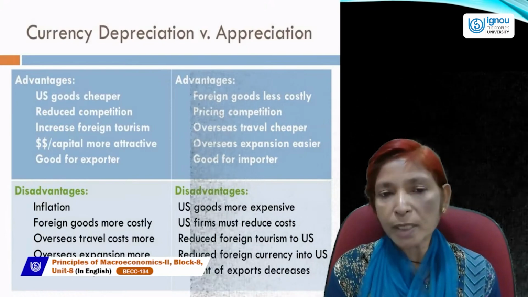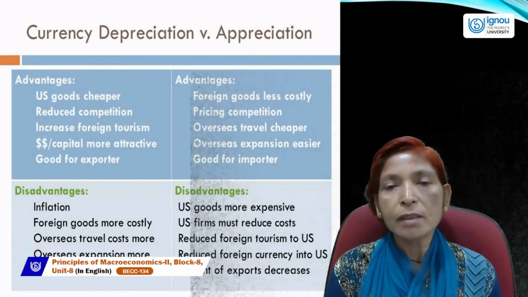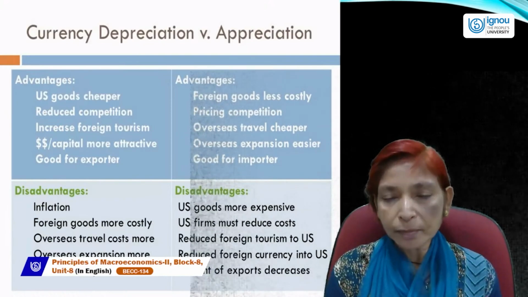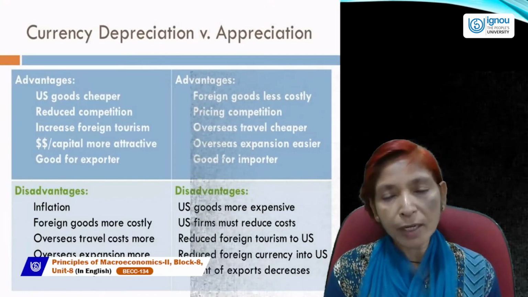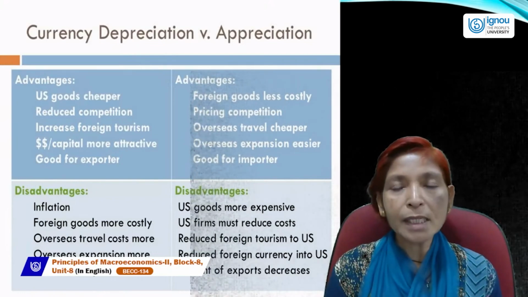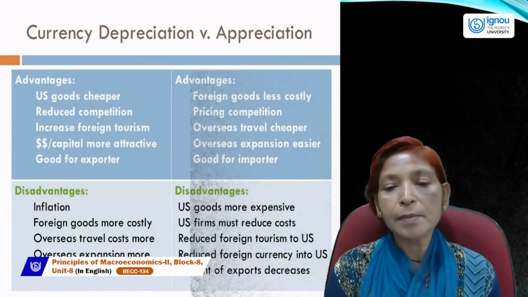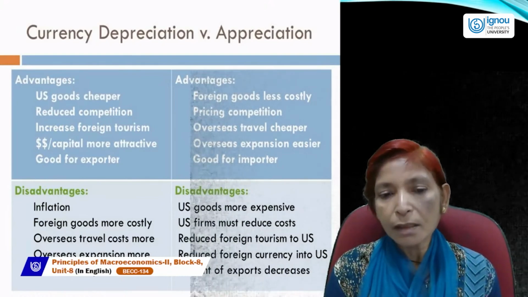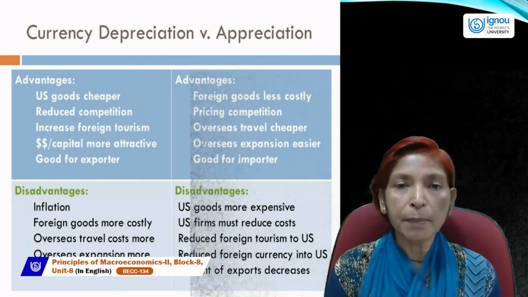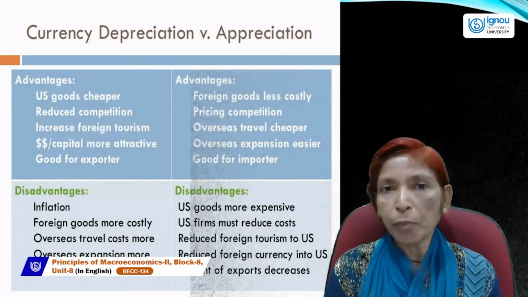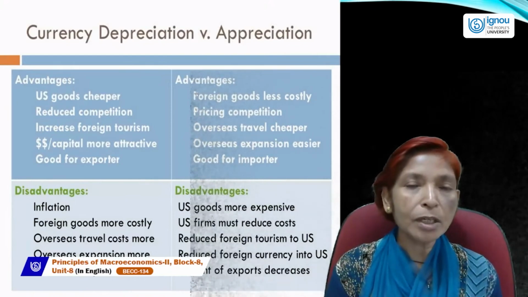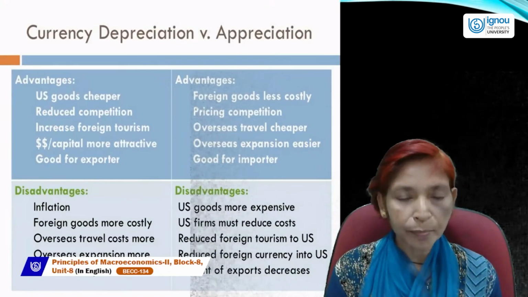But in case of appreciation, foreign goods will become less costly, pricing competition will exist, overseas travel will become cheaper, and overseas expansion will be easier. Appreciation is good for importers, but depreciation is good for exporters.